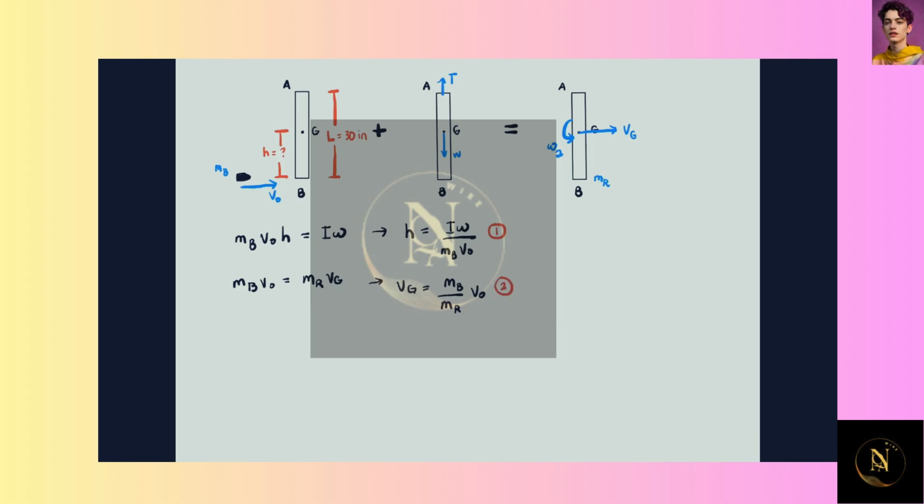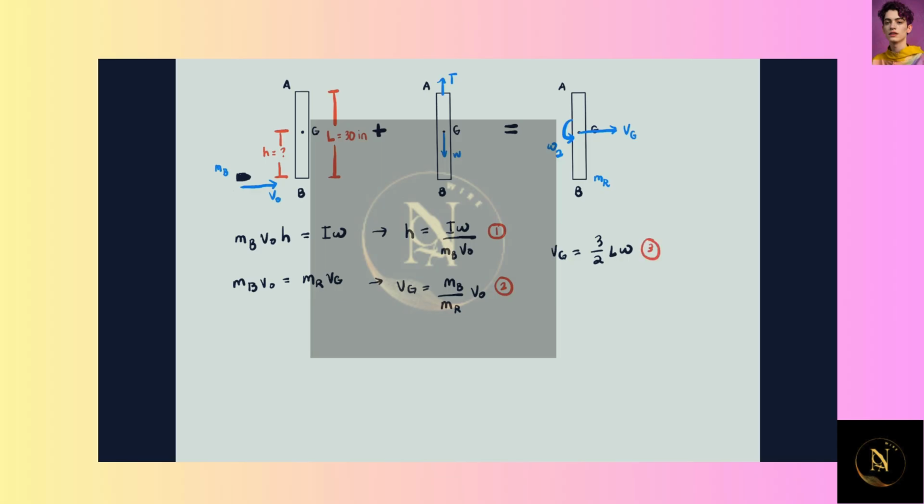For the instantaneous center to lie at point C, the condition must be that Vg must be equal to 3 over 2 L omega. That's the condition, so that's our third equation.